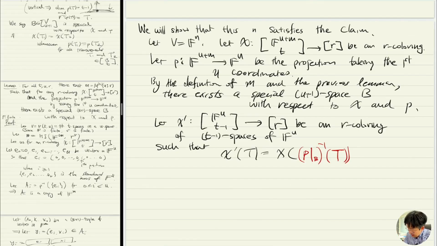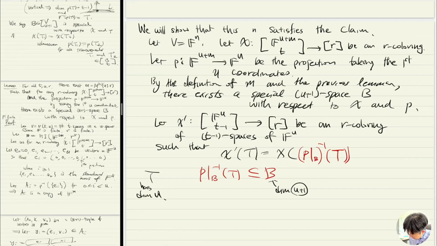When I take the inverse with respect to this P, it is a subset of B, and B has dimension U plus 1, and T has dimension T minus 1.